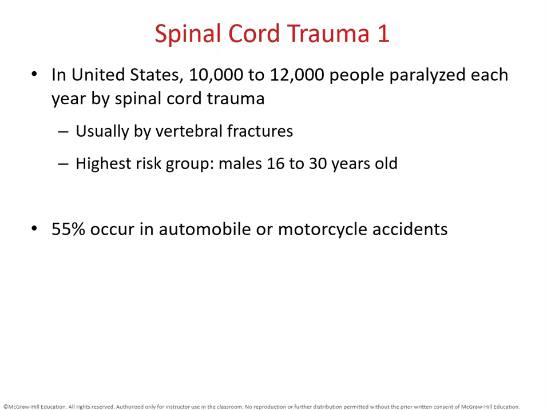This is correlated to motorcycle accidents and automobile accidents. Young adult males are more likely to be involved in automobile or especially motorcycle accidents, so these things go hand in hand.